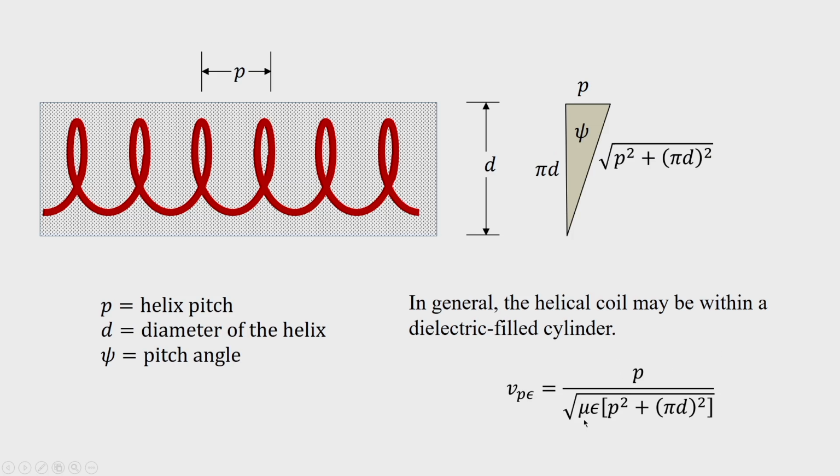Here we can see that when mu is equal to mu naught, epsilon equal to epsilon naught, and p squared is neglected with respect to (pi d) squared, then we have V p equal to c p divided by the square root of (pi d) squared. So, it becomes c p by pi d. So, this is the velocity in the axial direction.